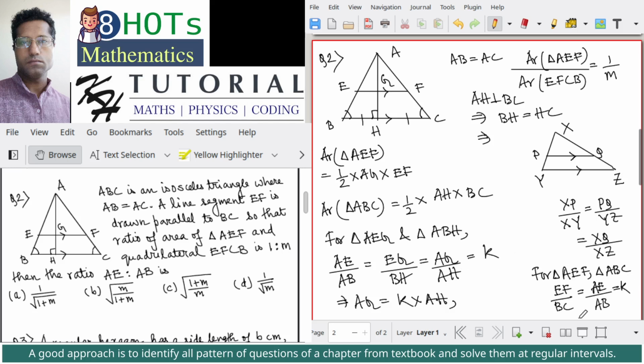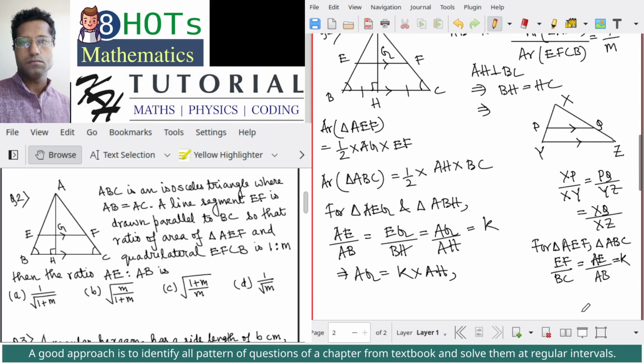So this implies EF is equal to k into BC. Now AG is equal to k into AH and EF is equal to k into BC, where k is the ratio of AE to AB, and this k we have to finally find.